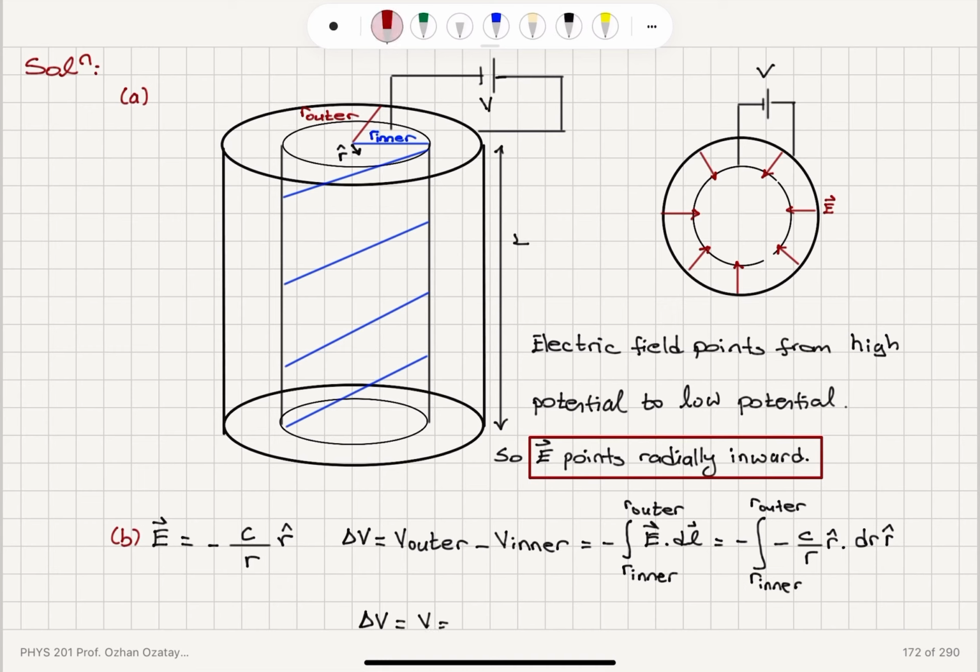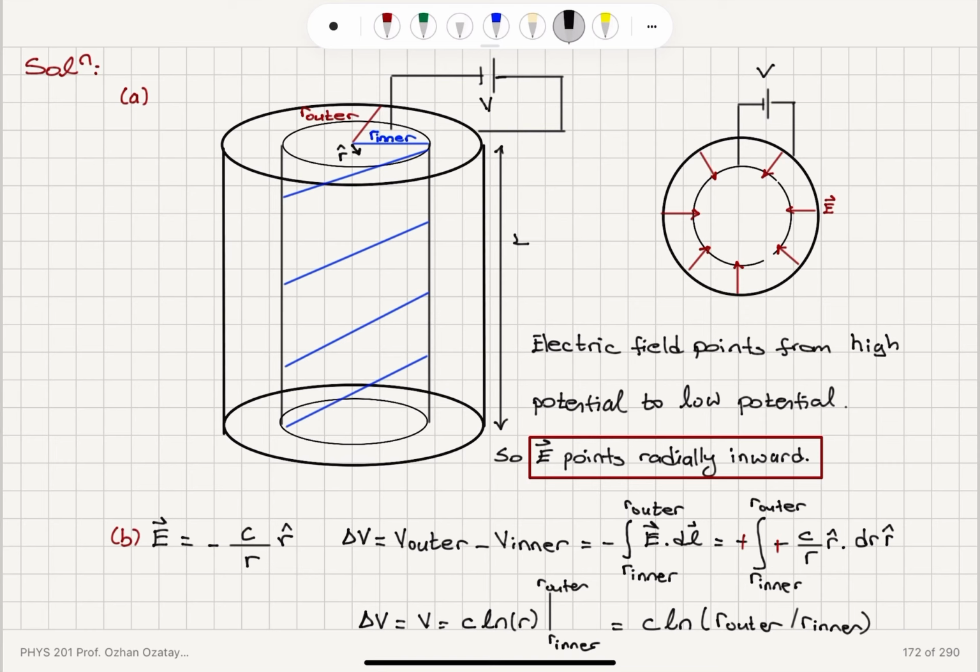So these minus signs will disappear. And the integral of C over R dr, because R hat dot R hat is 1, is C natural logarithm of R, which will be evaluated between R inner and R outer. So I find that this potential difference is C times natural logarithm of R outer divided by R inner.